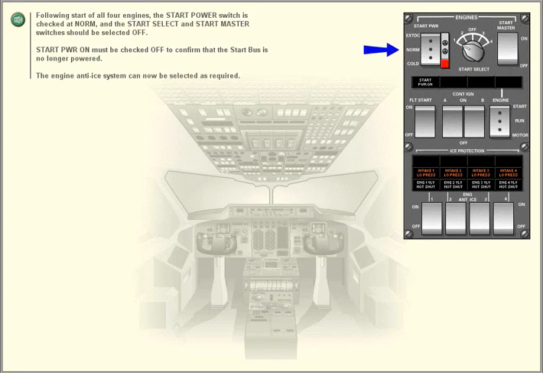Following start of all 4 engines, the start power switch is checked at normal, and the start select and start master switches should be selected off. Start power on must be checked off to confirm that the start bus is no longer powered.